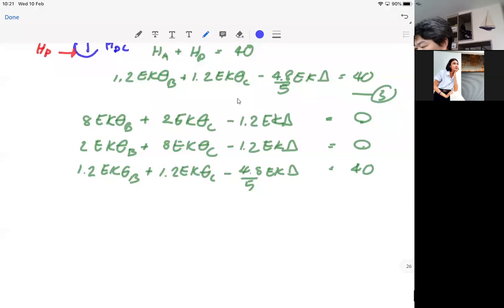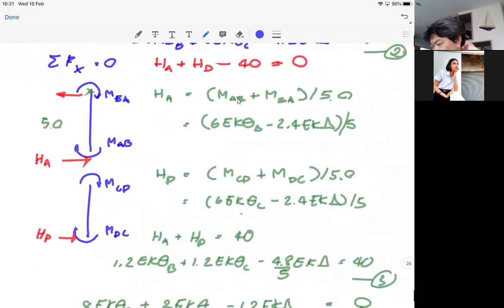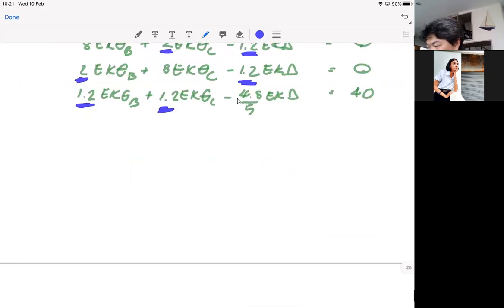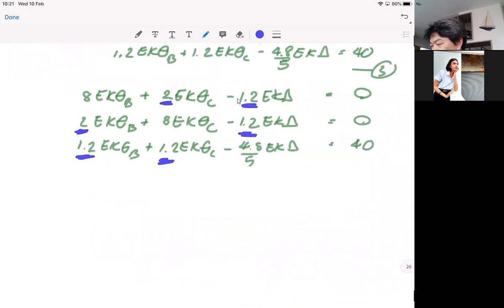The beauty of this is that you see that will always be equal to that, and this is equal to that. See? And that is that. Now the sign can be opposite. It depends on how you write your equilibrium equations, especially in sigma Fx equal to 0. But in the end, it's just the sign may be opposite of what you assume, okay? But when you see this, you are probably correct.